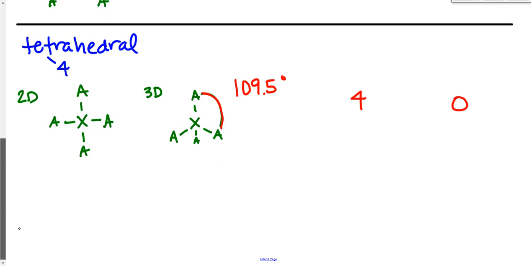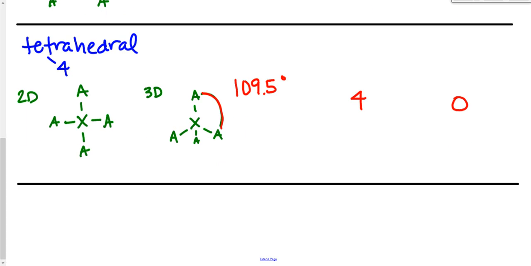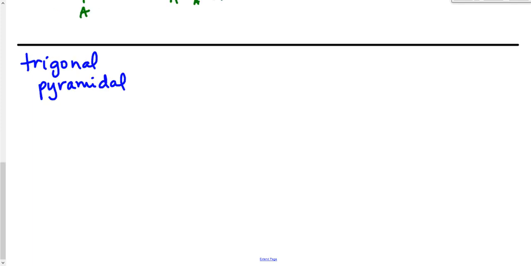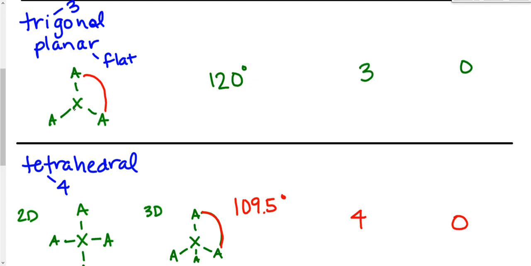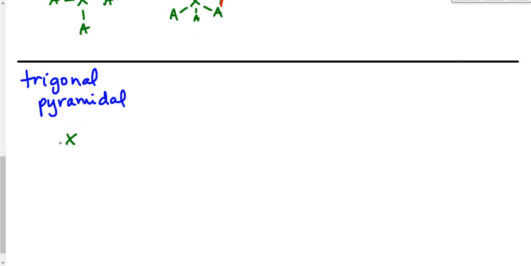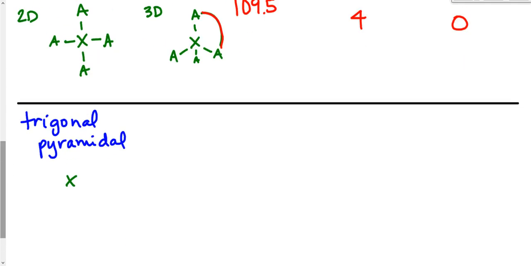Okay, so our next shape is trigonal again, which again means 3, but now it's pyramidal, which is, I hope, what it sounds like, a pyramid. So here we have that X. But now instead of the 3 being equally spaced, like up here in trigonal planar, they're kind of like the bottom of the tetrahedral, where they look like this in 2 dimensions.